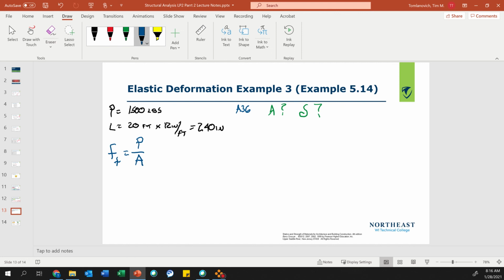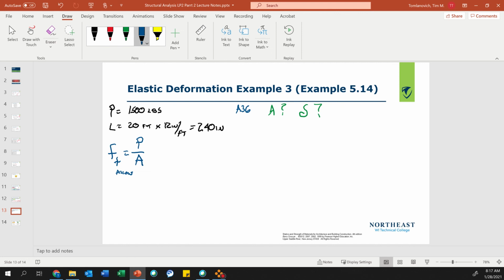So how do we know? Because they told you to use A36 steel. So if I go to A36 steel, Fy equals 36,000. The yield stress equals 36 KSI.